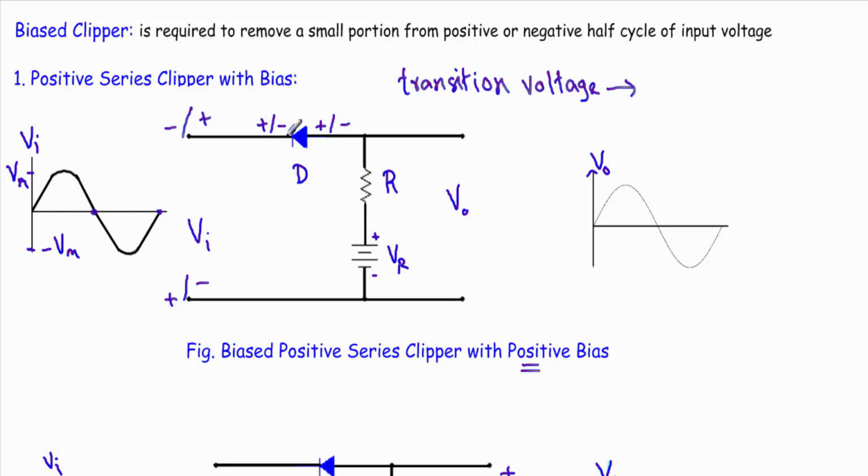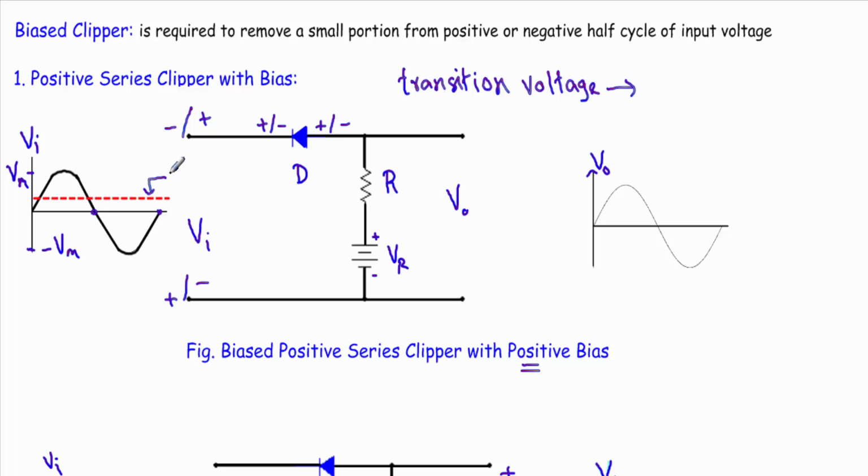Therefore, when this input voltage has a value of Vi equal to VR, when the input voltage is equal to the reference voltage, the combined or resultant effect of this input voltage and the reference voltage will be equal to 0, and that voltage will be our transition voltage for this circuit.